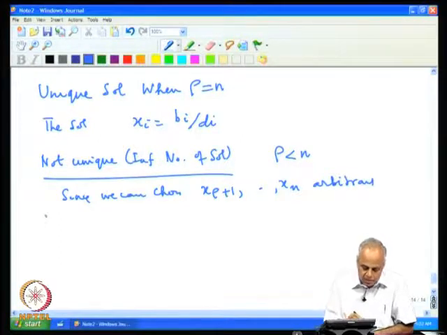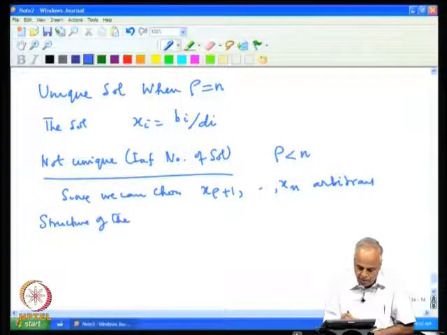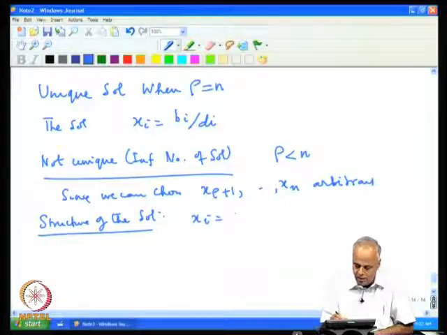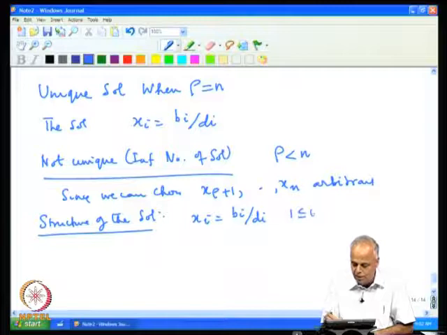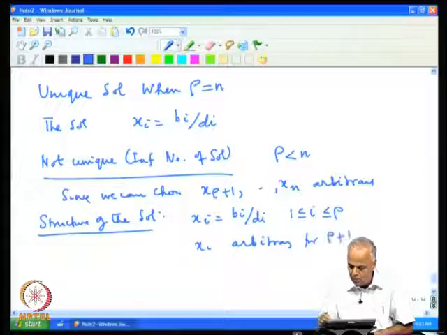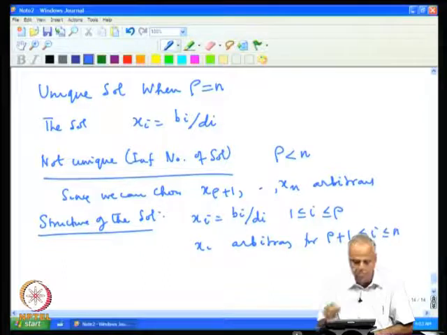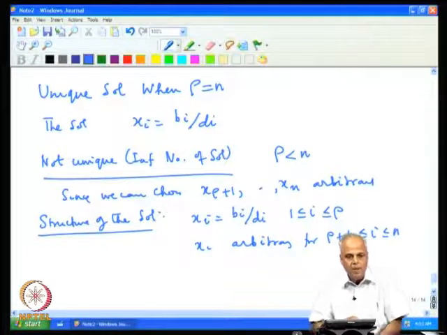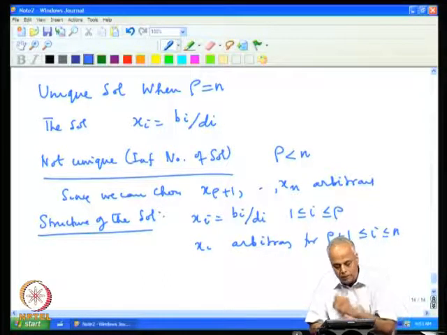So, what is the structure of the solution? The structure of the solution is xi equal to bi by di for 1 less than or equal to i less than or equal to rho, and xi arbitrary for rho plus 1 less than or equal to i less than or equal to n.